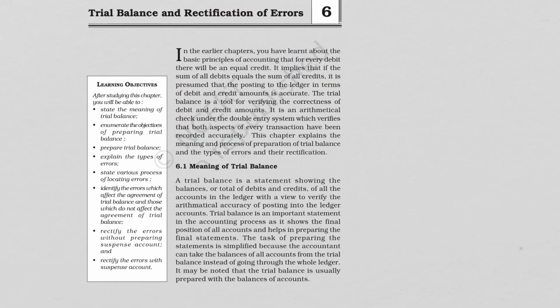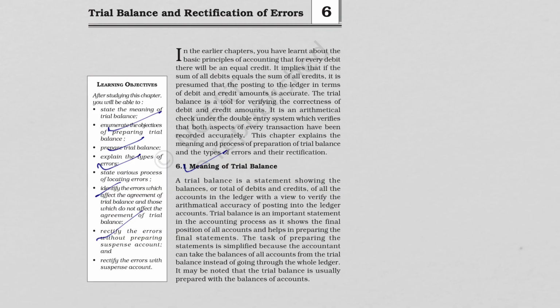Therefore, in this chapter, we'll study the meaning of trial balance, the objectives of preparing the trial balance, and the preparation of trial balance. We are going to explain the various types of errors, the methods of locating those errors, and rectification of errors.